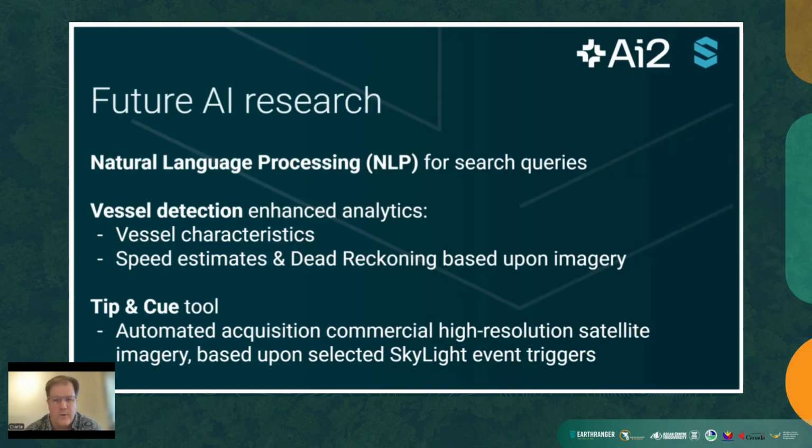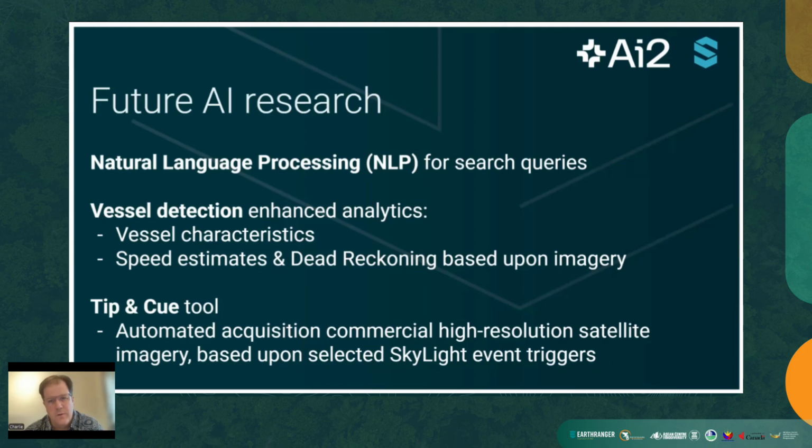It automatically orders commercial high resolution imagery of the area where the event occurred and was triggered. And then you can hopefully get a high resolution image of the activity that you had an indication of.